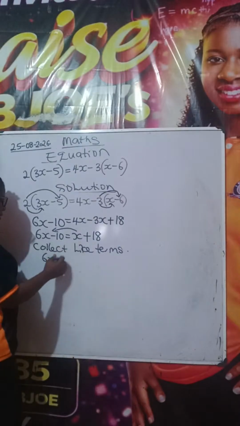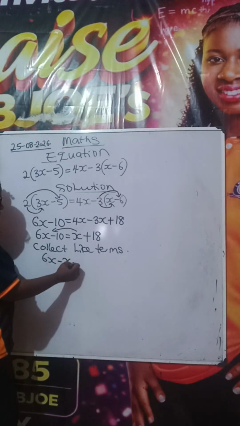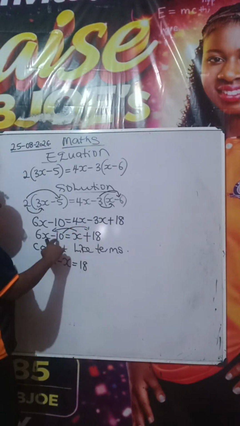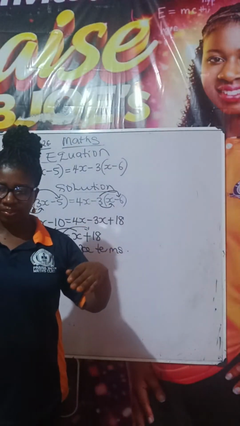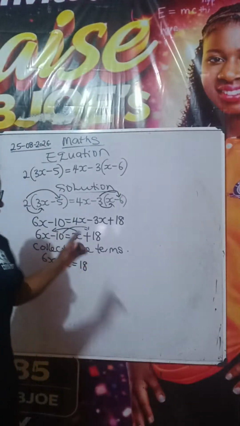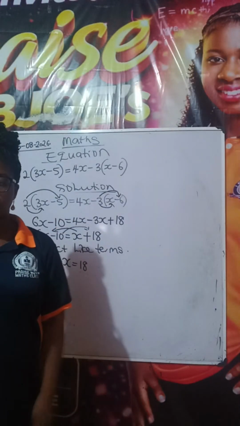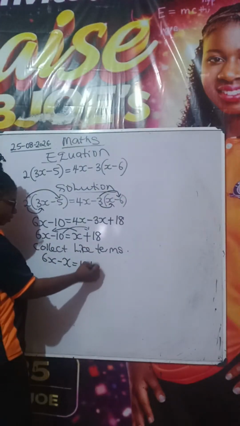Because if I bring this one here, we have minus x equals to 18. Then if the 10 moves to the right, the sign will change to positive. So we have plus 10.